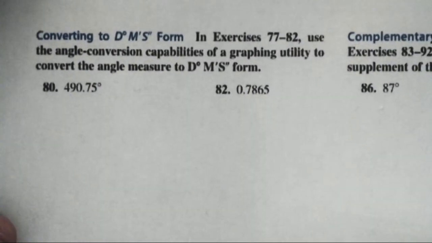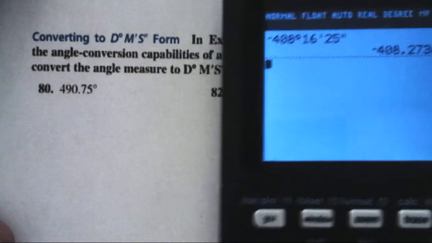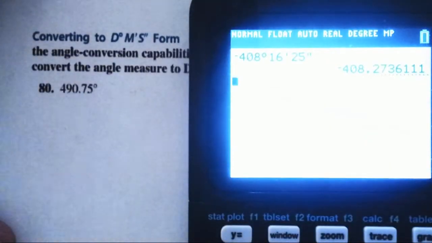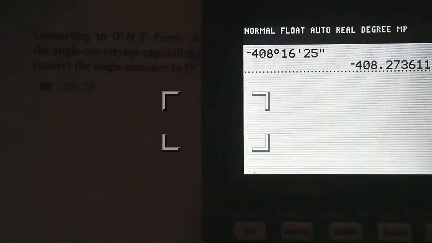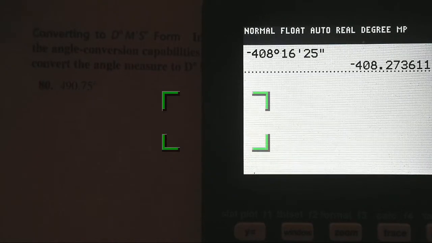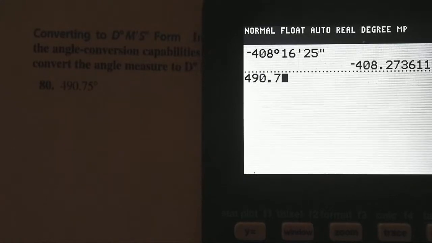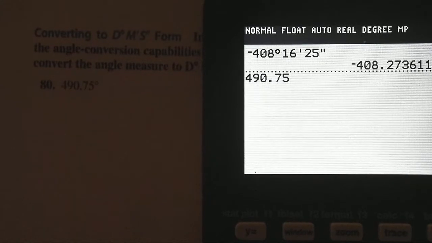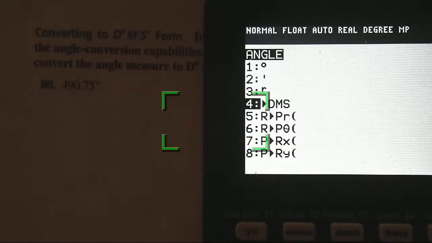So converting to degrees, minutes, seconds, use the angle conversion capabilities. So I'm going to, let me see this because this is new for us, I believe. Okay, I'm going to go 490.75. And I'm going to go into angle, second apps. There we are. And there's convert to DMS.